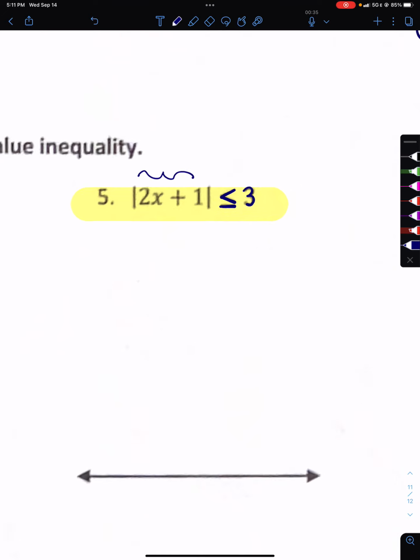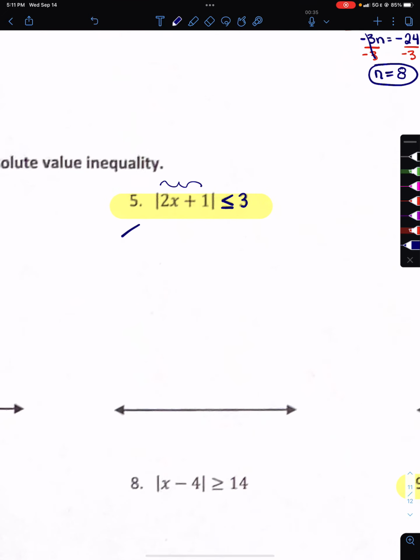When I write this out, I'm still writing the 2 cases. First case, 2x plus 1 is less than or equal to positive 3. Second case, 2x plus 1, and now instead of being less than or equal to, I have to switch this one because I'm multiplying by negative 1 in order to make it a negative 3. Whenever we have that negative, we have to flip it.